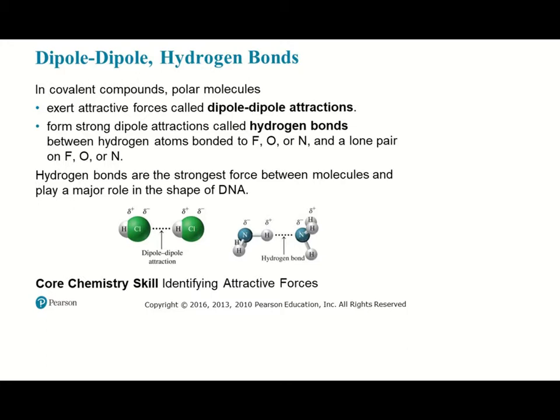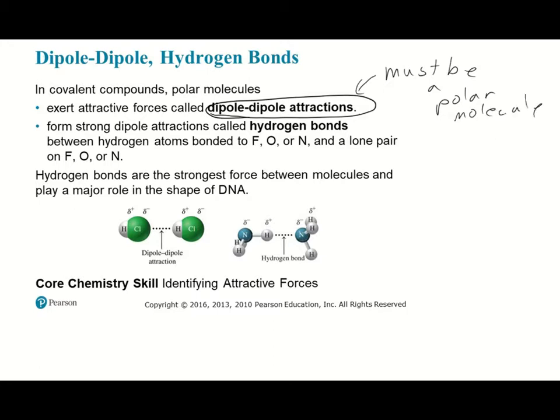In covalent compounds, polar molecules exert attractive forces called dipole-dipole interactions. So, let me phrase that another way. To have dipole-dipole interaction, you must be a polar molecule. In other words, you must be a dipole to have dipole-dipole interactions.